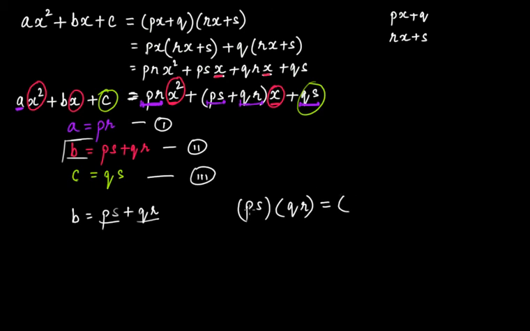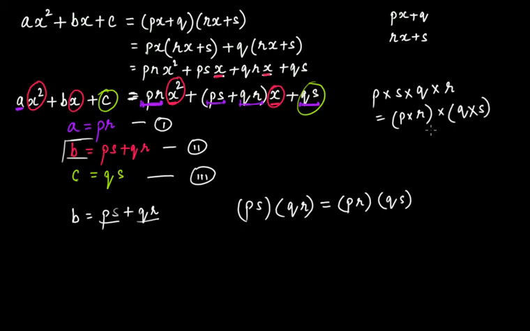Let's write this as pr multiplied by qs. This is actually p multiplied by s multiplied by q multiplied by r, right? And we can write this as p multiplied by r and multiplied by q multiplied by s, right? This is what we have done actually.